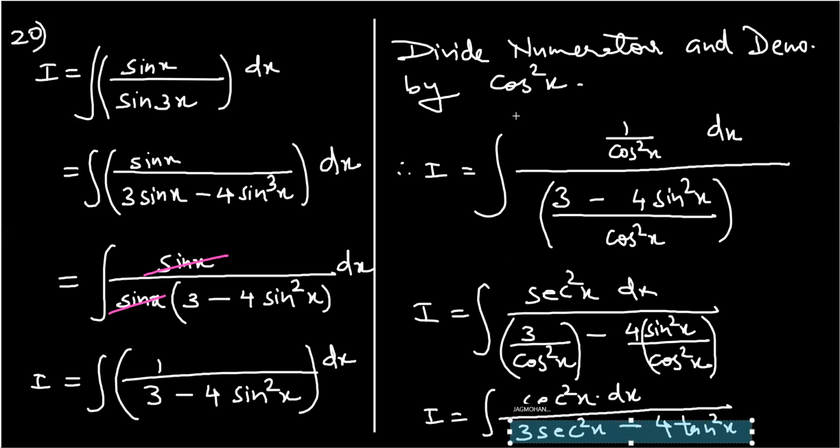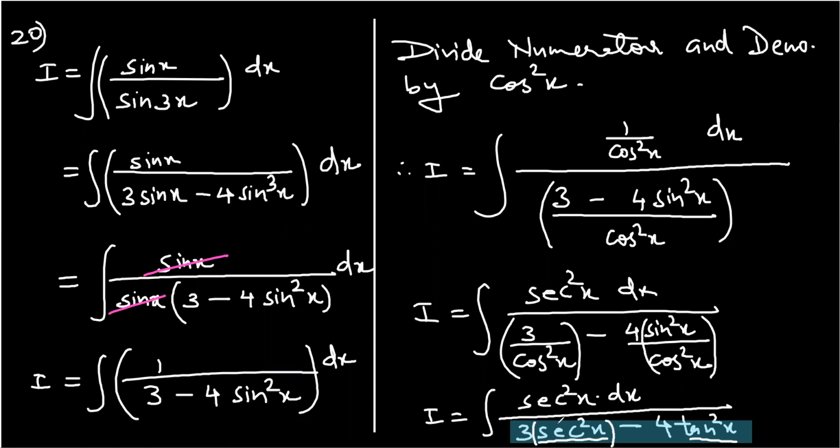Nothing other than tan is permissible in the denominator in order to achieve the integral. So here tan square x is okay, this is permissible, but sec square x is not permissible. What I will do, I will write sec square x as 1 plus tan square x. Then this 3 outside will multiply inside the bracket, okay, and so on.